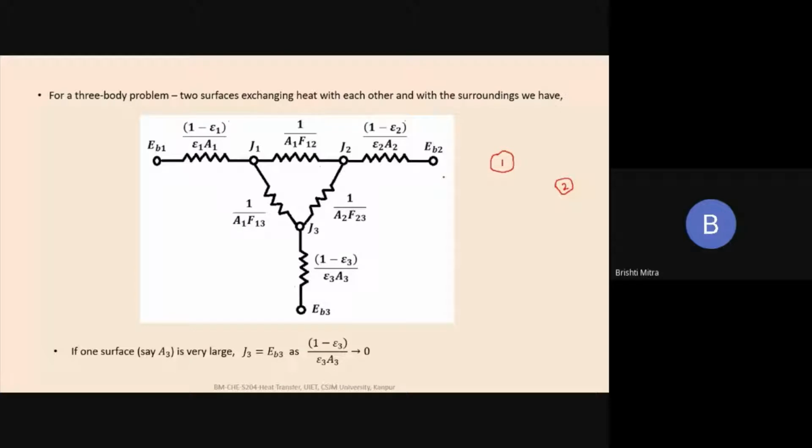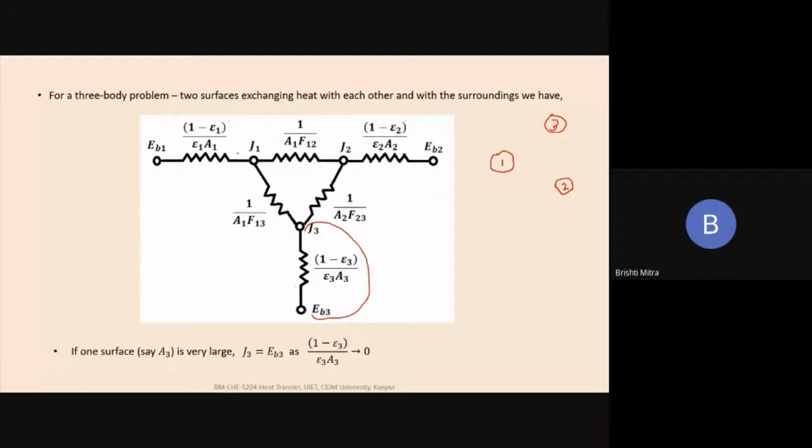Now we are considering a third body, and usually a third body could be another one out here. This is body number 3. So when we have a third body out here, this part is the surface resistance of body number 3.